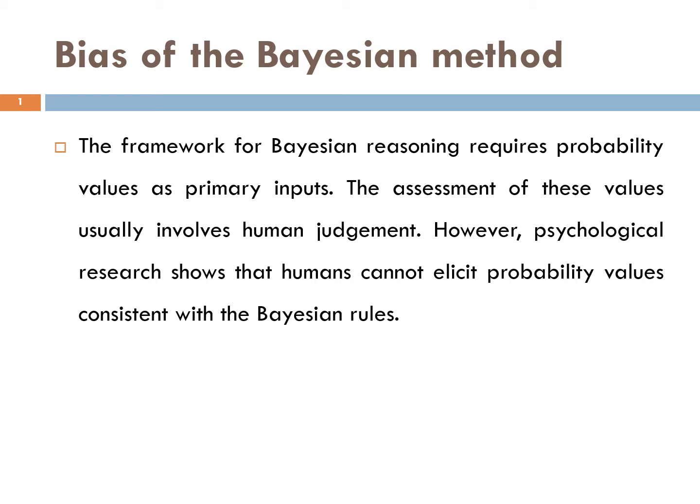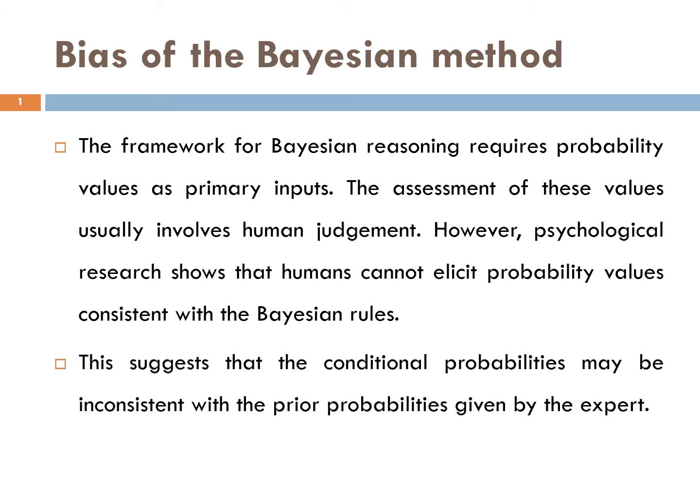However, psychological research shows that humans cannot elicit or gain probability values consistent with the Bayesian rules. This is the drawback, because we cannot have a consistent value with the Bayesian rules.